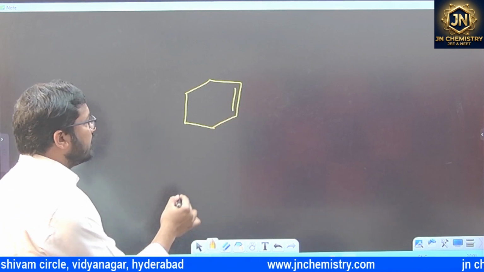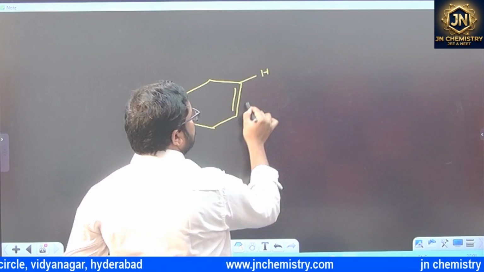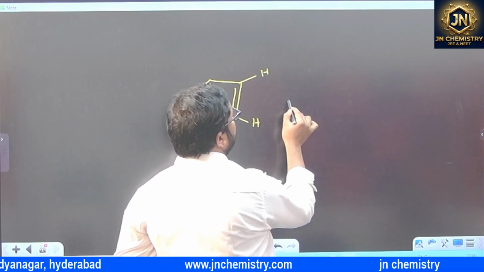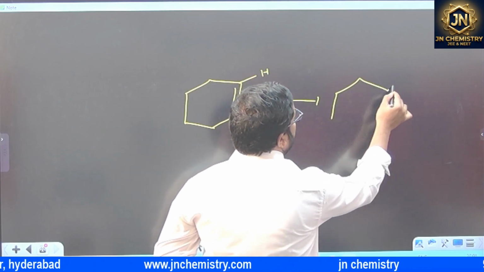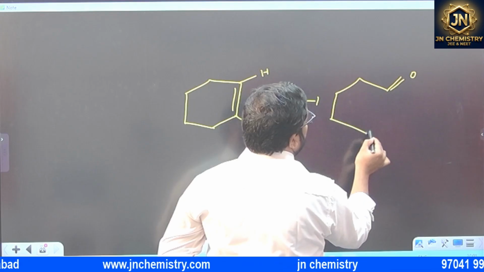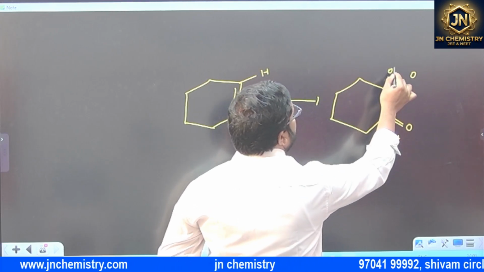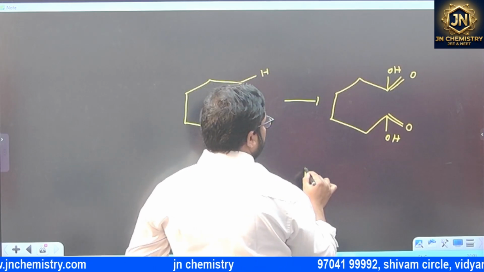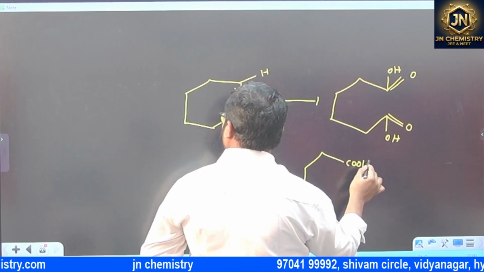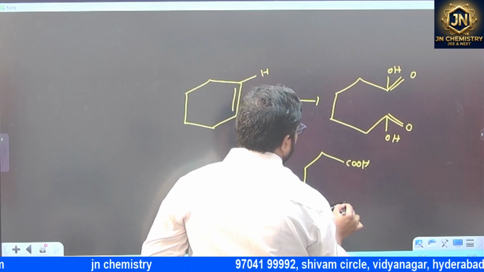if you're confused, here hydrogen is there because carbon is having 4 bonds, right? Simply do the ozonolysis, double bond O, and I'm writing the OH. Why? Because nothing but we can write COOH, COOH.